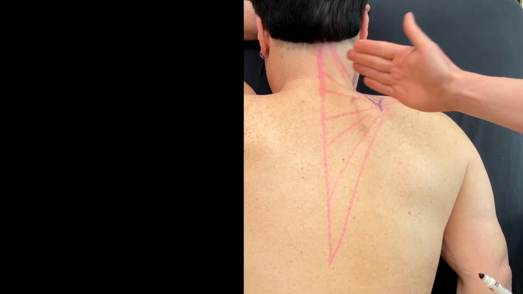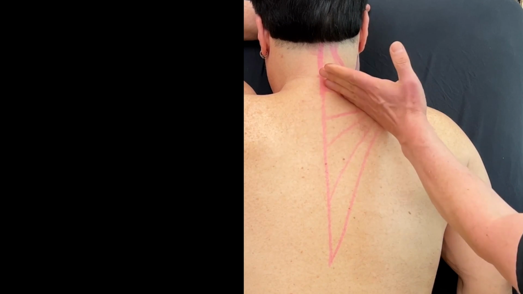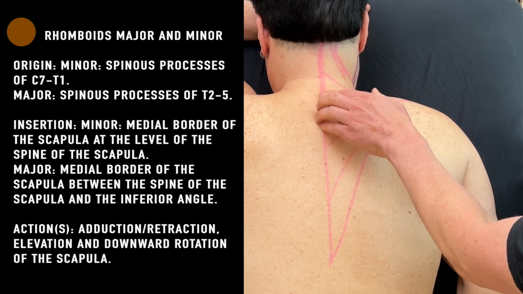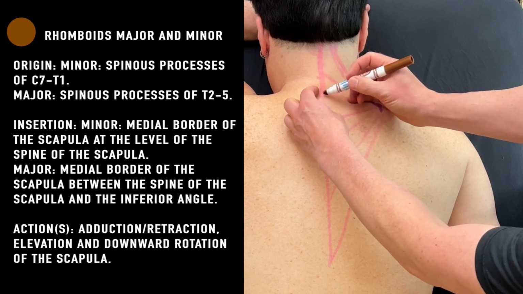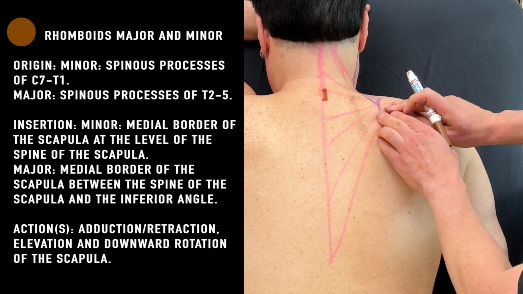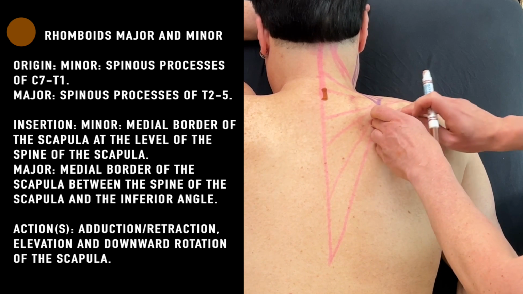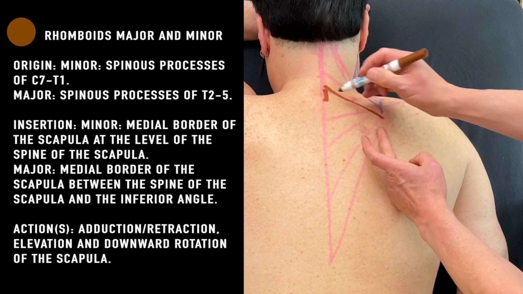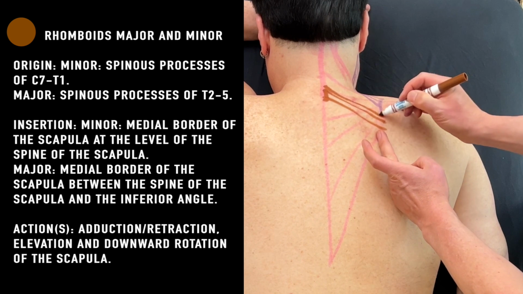Just below levator, we have the two rhomboids, minor and major. The rhomboid minor is going to arise from the spinous processes of C7 and T1 right through there and insert on the medial border of the scapula right at the level of the spine of the scapula, so right across there.